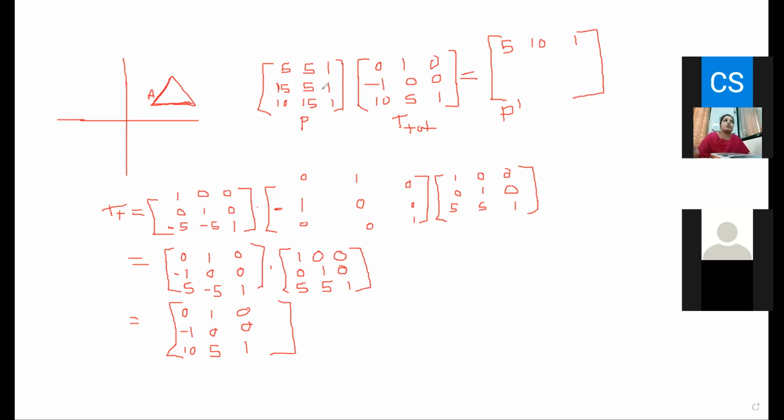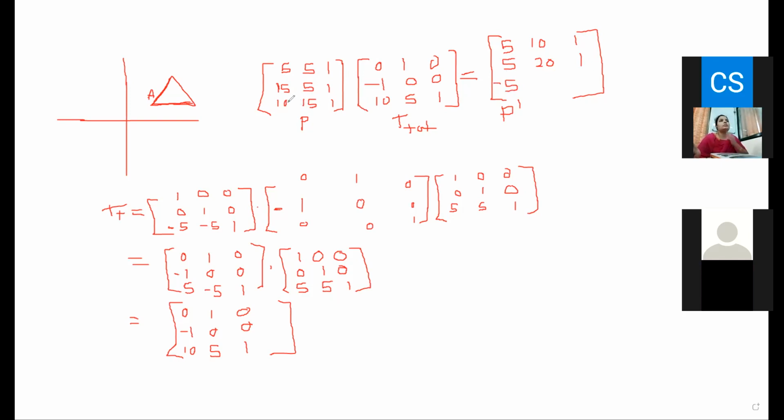So 15 minus 5 plus 10. So minus 5 plus 10 is 5 again. Then second row, second column is 15 plus 5, that is 20. Then 1. Then 10 into 0, 0. The minus 15 plus 10. So it is minus 5.